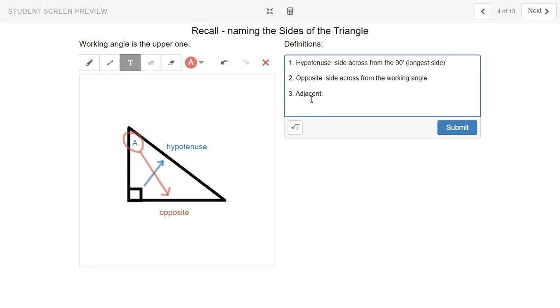And we have our adjacent. This is the side that's in between our working angle and the 90 degrees.